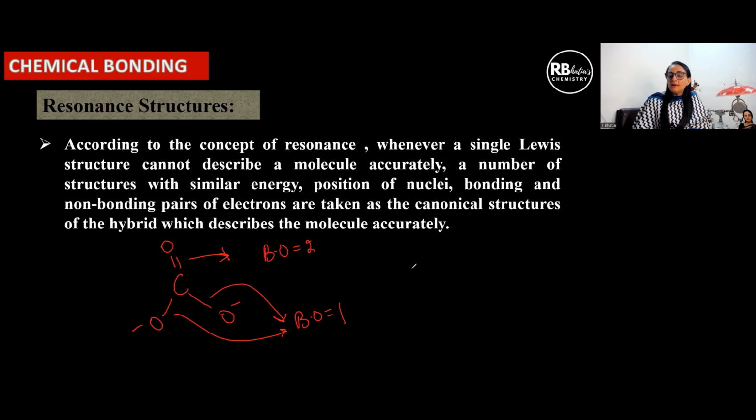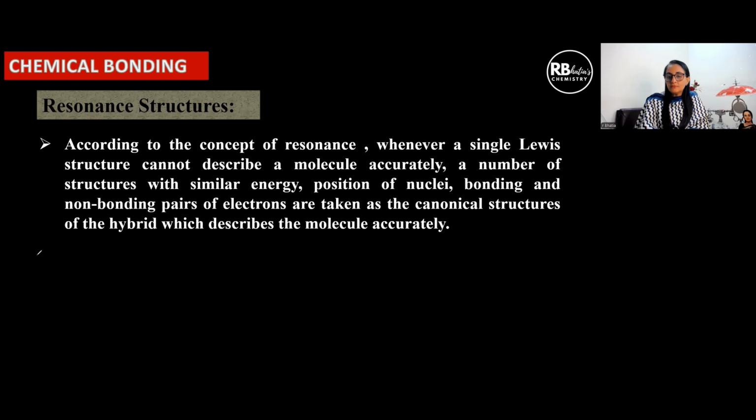But in reality, each C-O bond is found to have a bond order between 1 and 2, that is 1.33. So this observation could not be explained if we draw just one structure of carbonate ion. Hence, the concept of resonance was proposed.